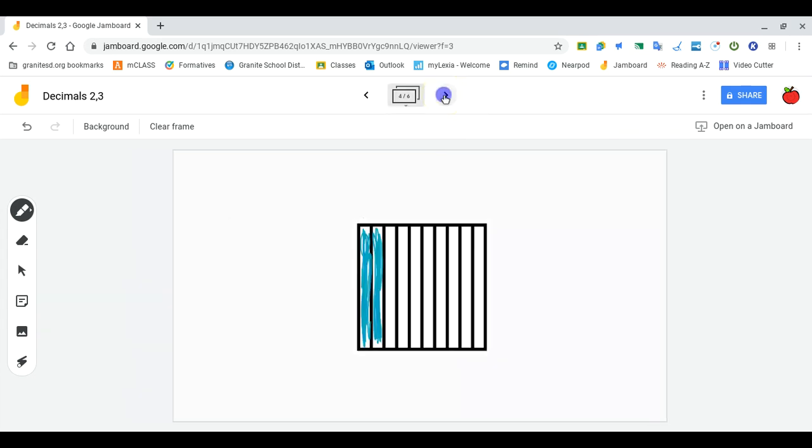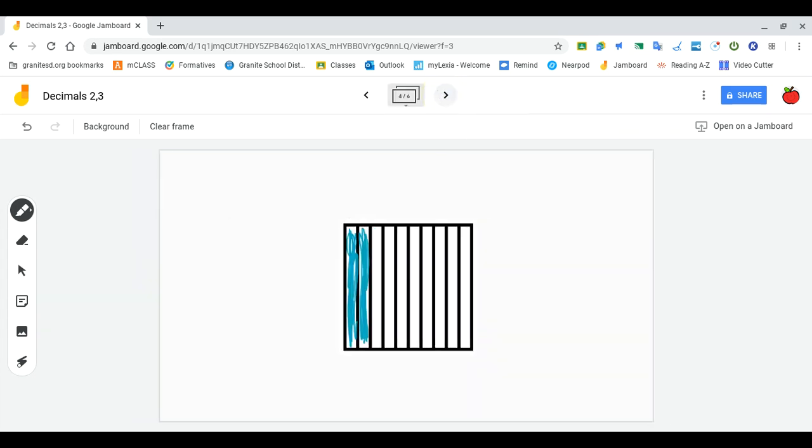Let's move on. I'm going to identify some more models here. I first need to figure out my denominator. So I'm going to write my fraction bar and start counting how many pieces this shape is cut into. We have 1, 2, 3, 4, 5, 6, 7, 8, 9, 10 pieces, which means my denominator is going to be 10.